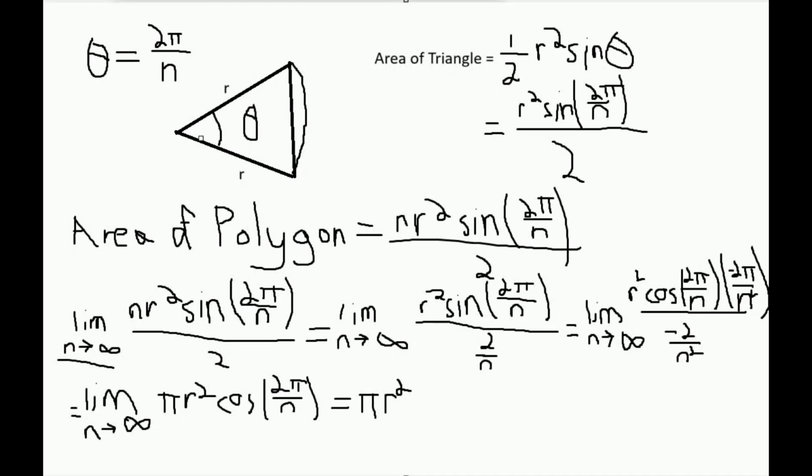So in this case, A equals R, B equals R. And so we get the area of the triangle is 1/2 R squared sine theta. We already established theta is 2 pi over n, so it's R squared sine 2 pi over n, all over 2. The area of the regular polygon is just n times the area of each triangle. So it's n R squared sine 2 pi over n, all over 2.